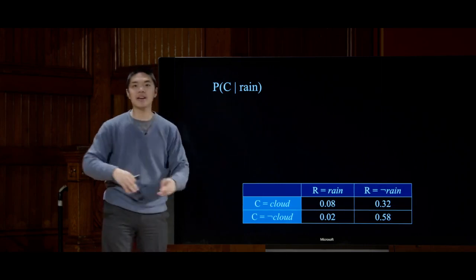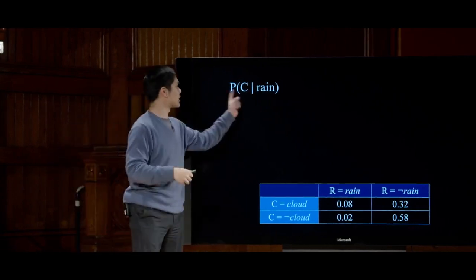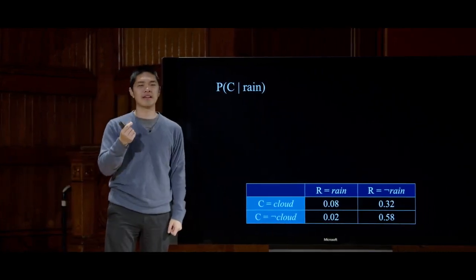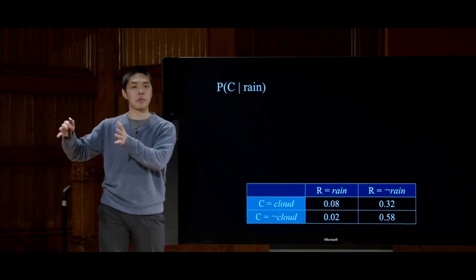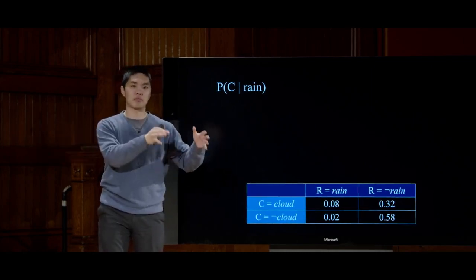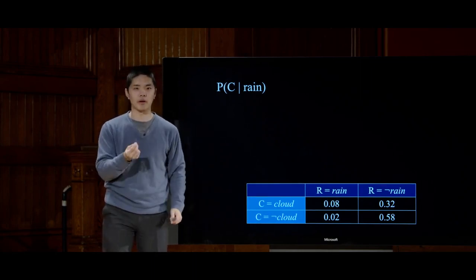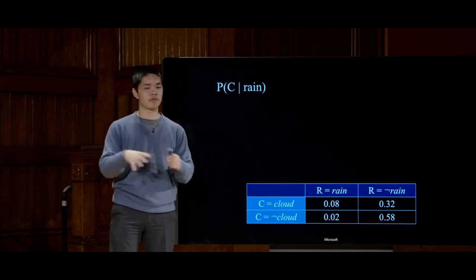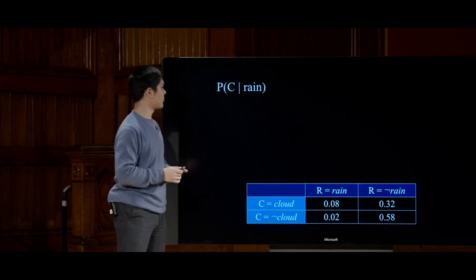Here I'm using C to stand for that random variable. I'm looking for a distribution, meaning the answer is not a single value. It's a vector of two values, where the first is the probability of clouds and the second is the probability that it is not cloudy. The sum of those two values is going to be 1, because when you add up the probabilities of all of the possible worlds, the result must be 1.